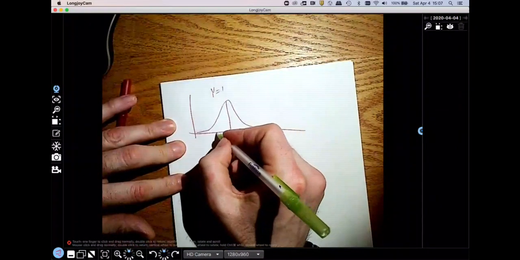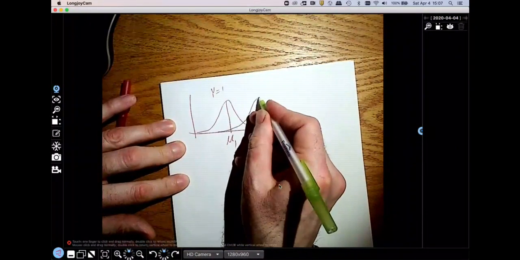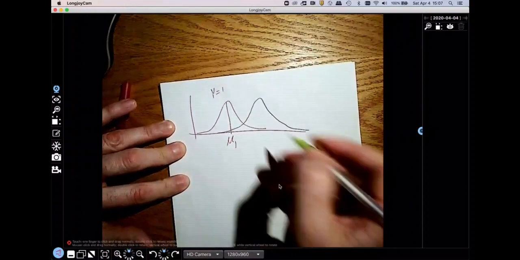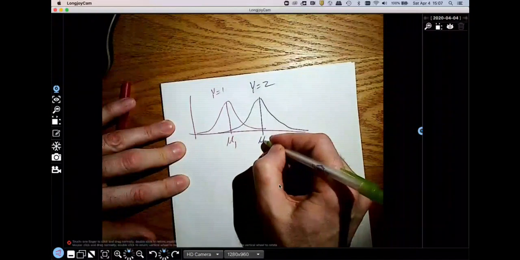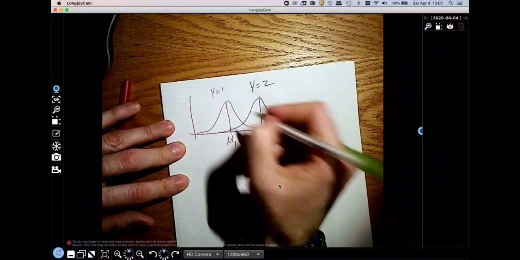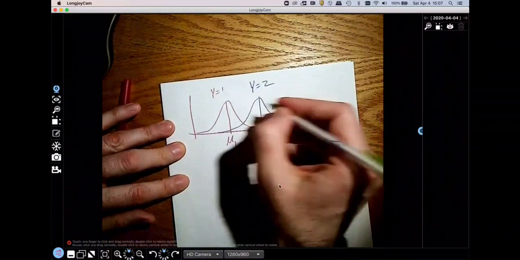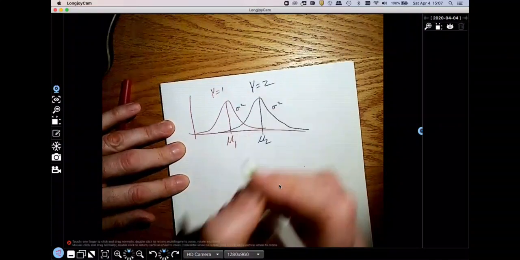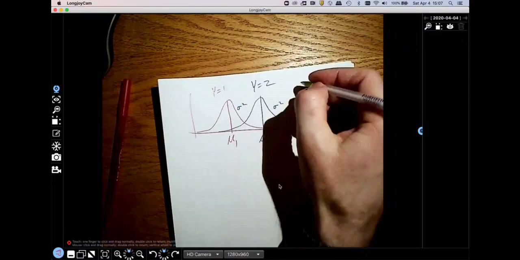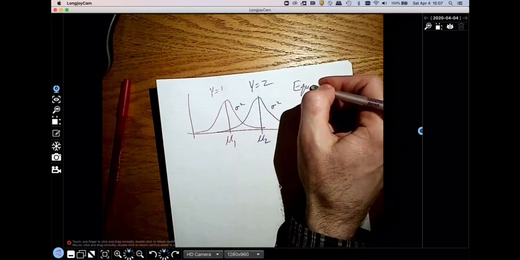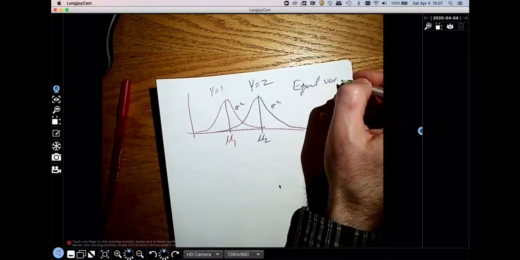And I'm going to try really hard to make this normal distribution have the same variance. This would be my y equal to 2 distribution having mean mu2. And now I have a common variance. So the variance of both of these distributions is sigma squared. So this is called the equal variance case.